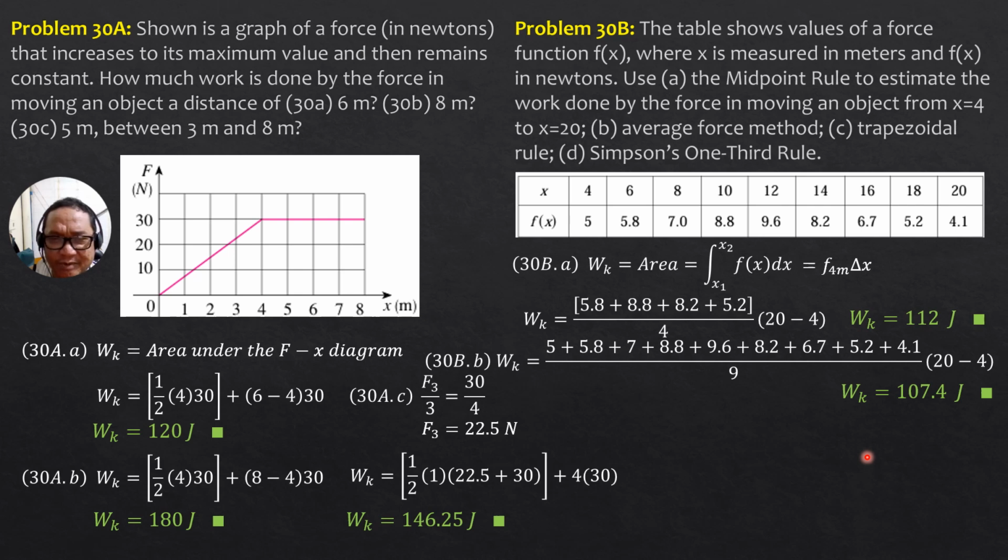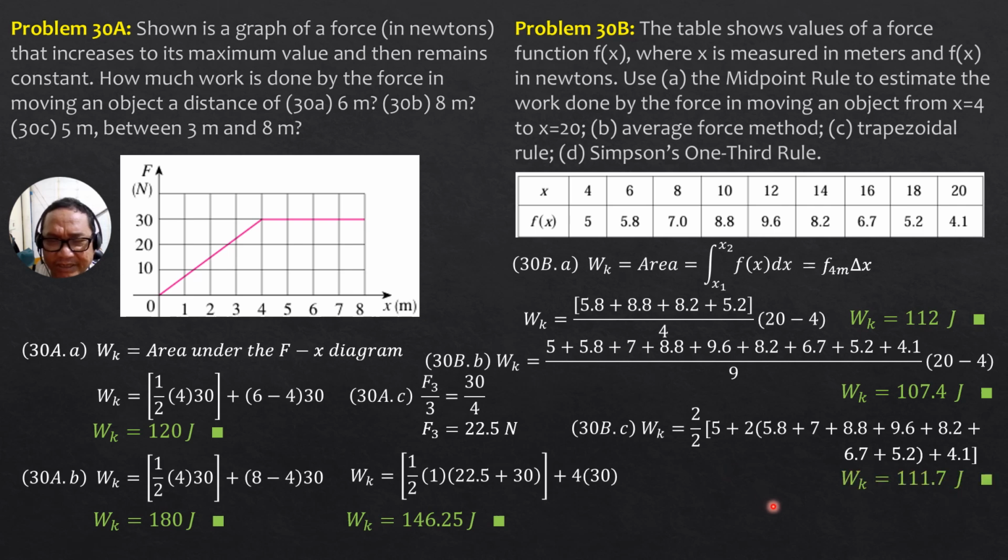So work is equal to 2 over 2, quantity 5, plus 2 times quantity 5.8 plus 7 plus 8.8 plus 9.6 plus 8.2 plus 6.7 plus 5.2, close, then plus the last offset 4.1. So using your calculator, it is 111.7 joules.